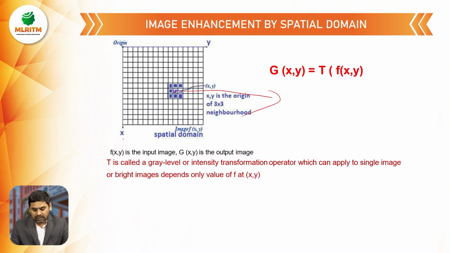In this image, x is the axis and y is the axis, with a particular coordinate x and y, and the origin in between. Here we consider some row and some column, where x comma y is the particular pixel coordinate, and also consider a 3 by 3 size part.